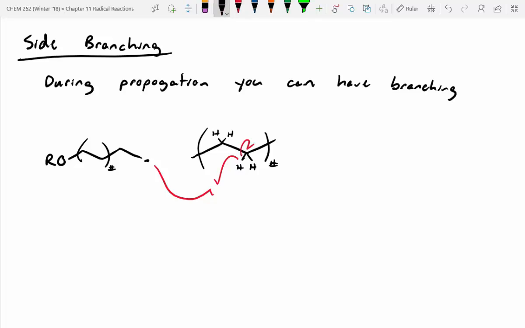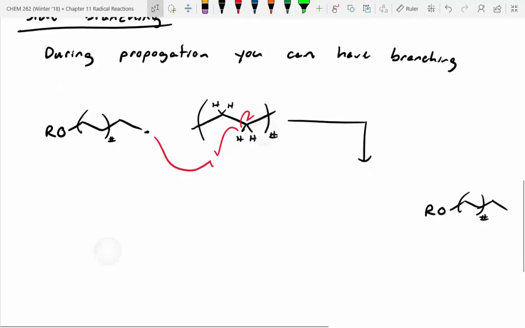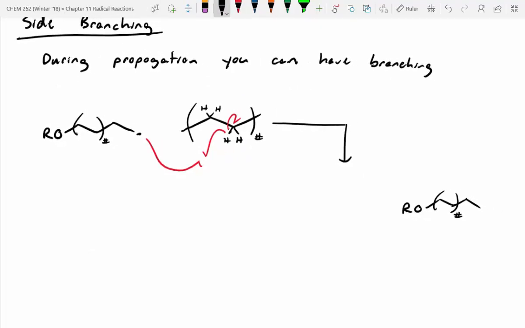And when you do this, you end up creating a radical in the middle of your chain. So that starting material we had is now terminated. It can no longer extend any further. But the other one that we had is now a radical itself.